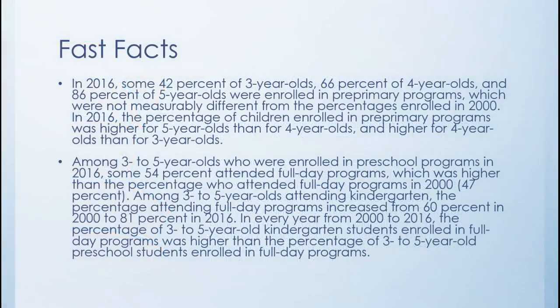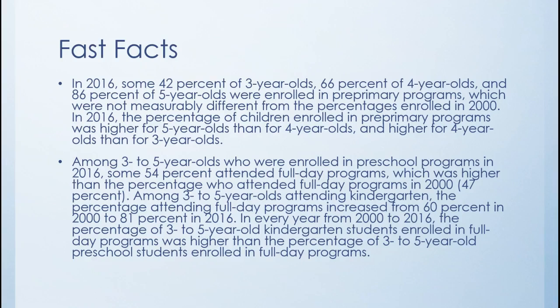Fast facts. In 2016, 42% of 3-year-olds, 66% of 4-year-olds, and 86% of 5-year-olds were enrolled in preprimary programs, which were not measurably different from the percentages enrolled in 2000.